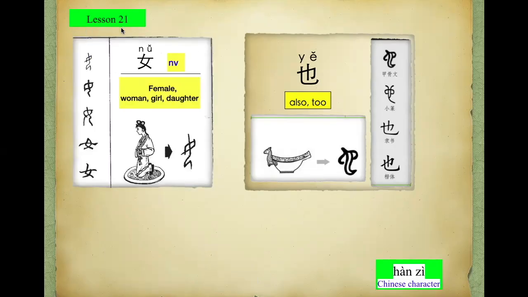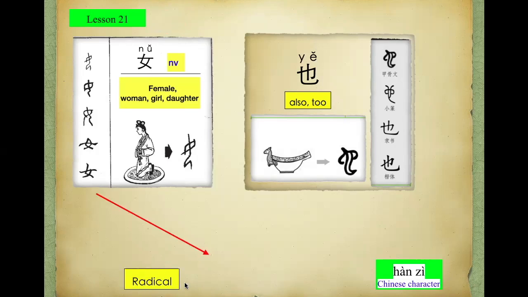In lesson 21, we've learned 汉字女, which means female, woman, girl, daughter. So the pinyin on the top is nü, N-U with two dots on the top. Our keyboard doesn't have this ü, so when you type NV, you can find 汉字女.